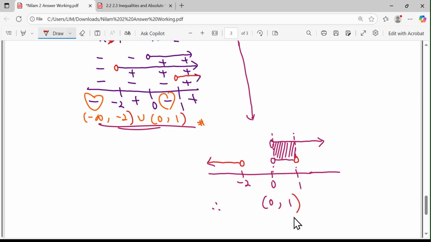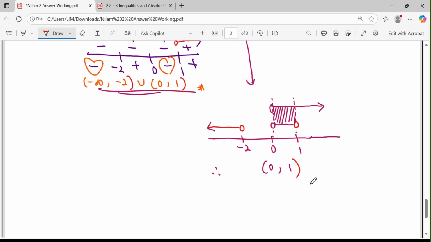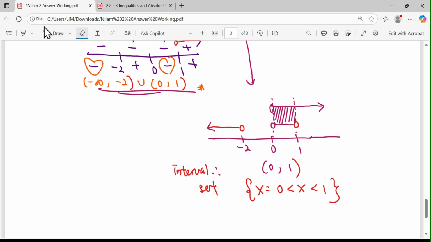Combining back together in the set, 1 does not exist, so it will not exist in the answer. So this is the interval form. If we put it in a set, it will be 0 less than x less than 1. So that will be our set solution. Alright, so I think that's all for this. Thank you for watching.